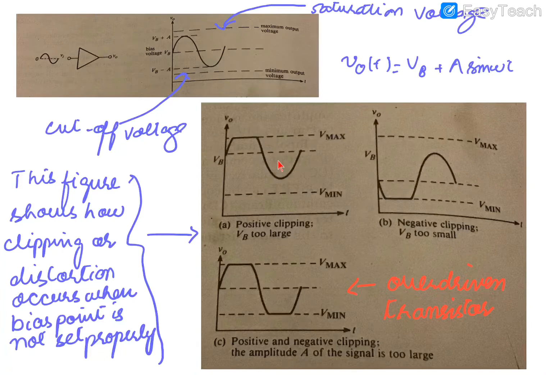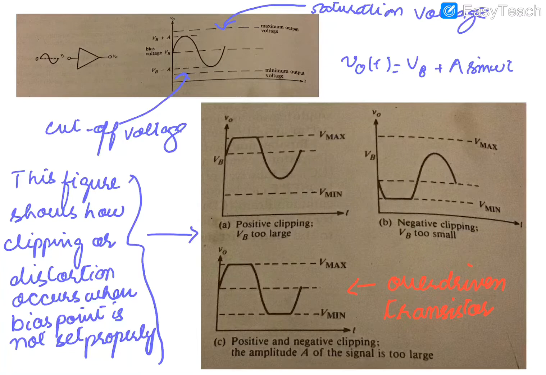This is also a form of distortion which the amplifier will experience. Similarly, V minimum is basically the cutoff voltage. So when the bias point level is closer to the cutoff voltage, there will be negative clipping on the output side.